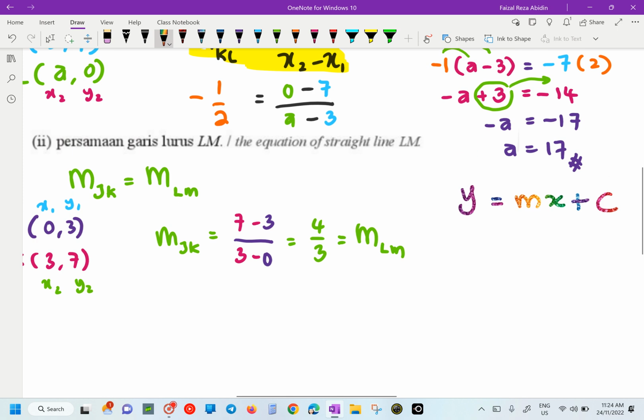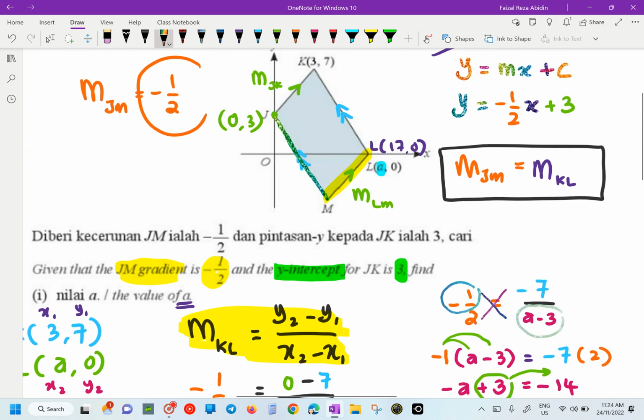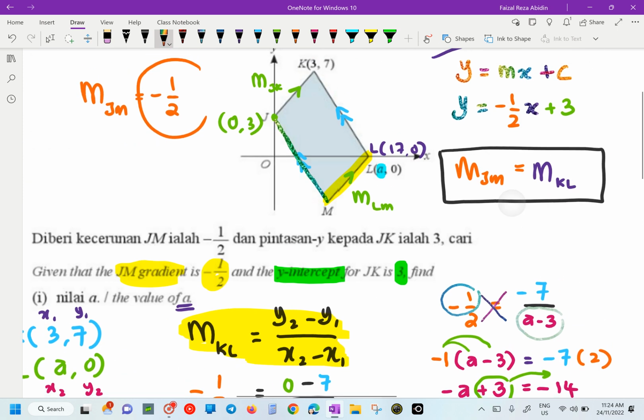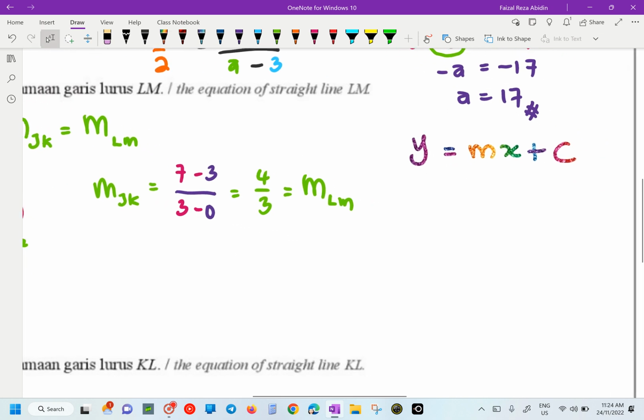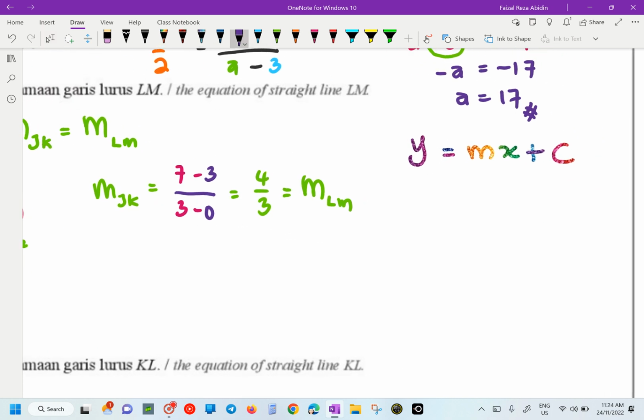So state for me the coordinate of L just now. 17, 0. So by substituting L here, 17, 0, this is going to be your x, this is going to be your y. Substitute into our equation: 0 equals gradient 4 over 3, x is 17, plus c.